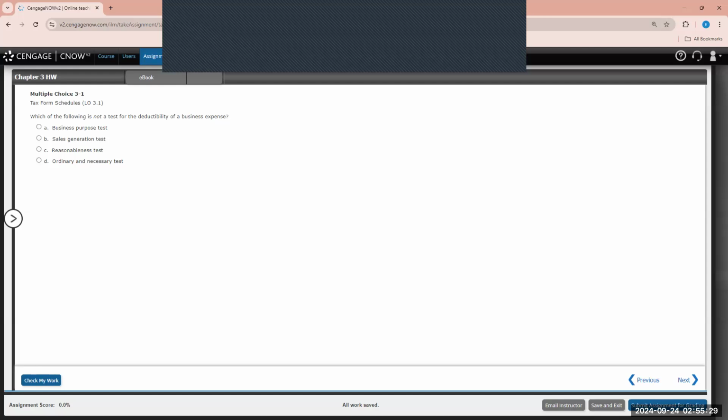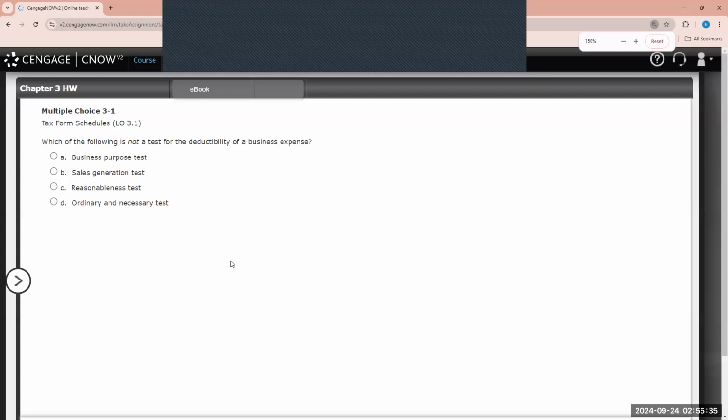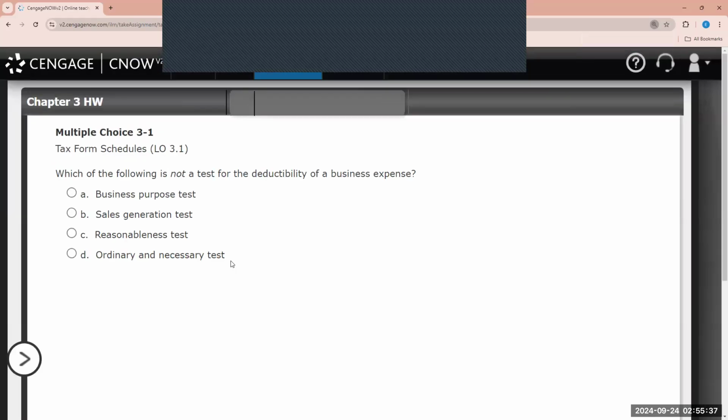Is the goal ultimately to make a profit? Keep in mind, you don't necessarily need to make a profit because especially when you're first starting a business, a lot of times you are spending money to invest in the business and you're not necessarily generating a lot of revenue. So the IRS, tax laws are aware of that. But you want to make sure that you are putting regular, continual effort into this business.